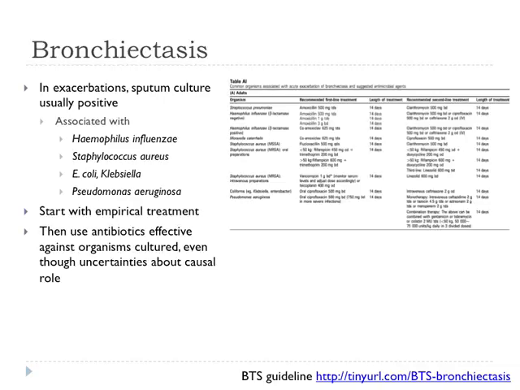Again, as with exacerbations of COPD, we often grow things from the sputum, and we start with empirical treatment, and then we use antibiotics effective against the organisms that are cultured, even though there are uncertainties about the causal role here. I've just done a screen grab, it's not as readable as it might be, of the advice given in one of the guidance documents from the British Thoracic Society.